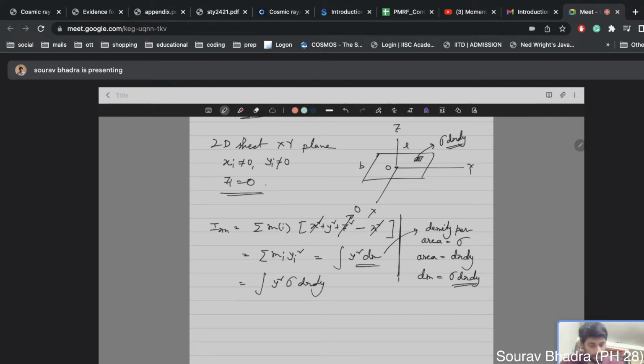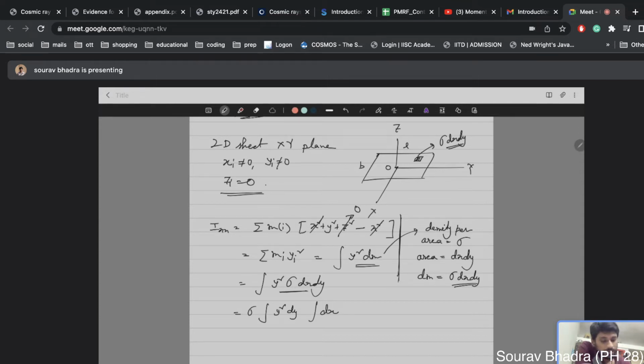Now the point is what will be our limits. Sigma is constant, y square dx dy. Always remember, if sigma is given as a function of x or y, you can also do that while integrating, but sigma will not come out of the integration and you have to take care of that term properly.